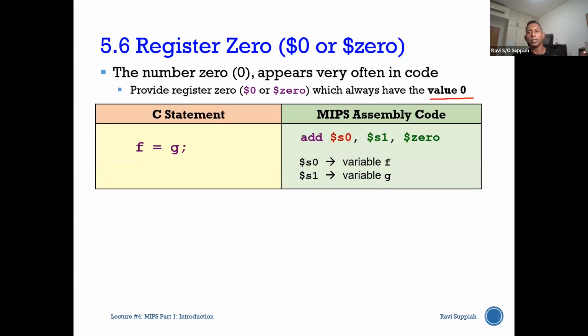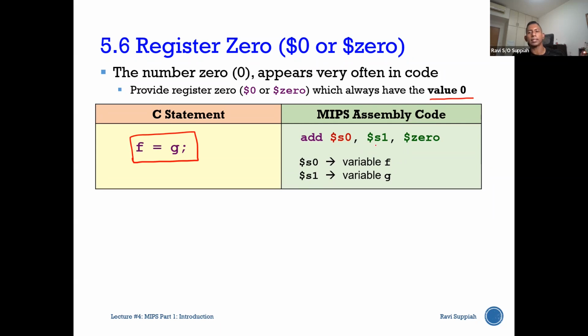So how is this useful? For example, you have a C statement like this, where I want to copy the data in variable G to variable F. How can I do it in MIPS assembly language?